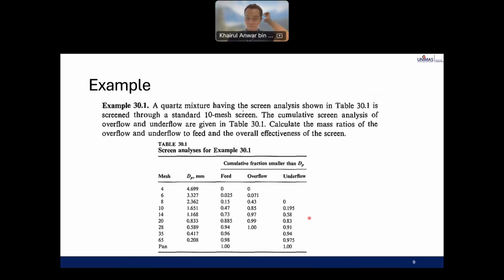Okay. So example 30.1: a quartz mixture having the screen analysis shown in table 30.1 is screened through a standard mesh screen.